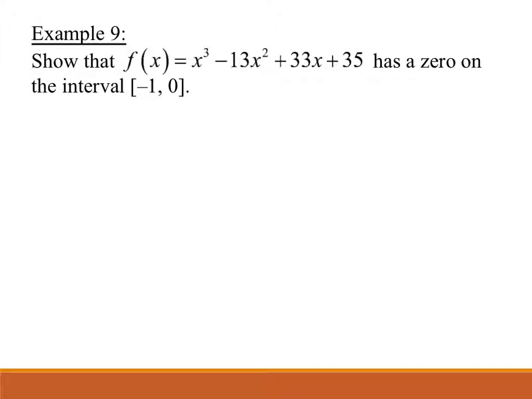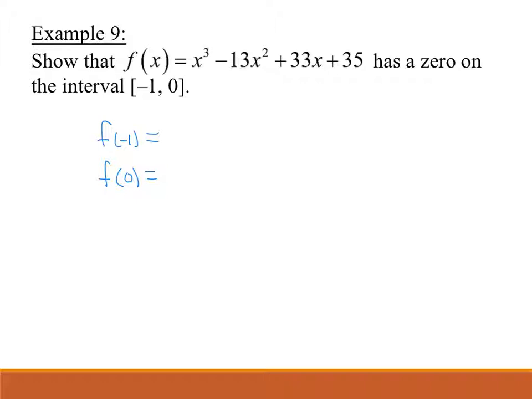So in example 9, we want to show that f of x, x cubed minus 13x squared plus 33x plus 35, has a 0 on the interval between negative 1 and 0. So what we're going to do is evaluate the function at f of negative 1 and find out what that value is. And then we're going to evaluate f of 0 and see if they have opposite signs.